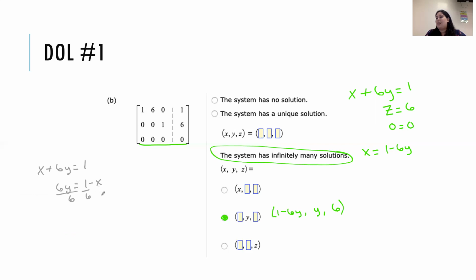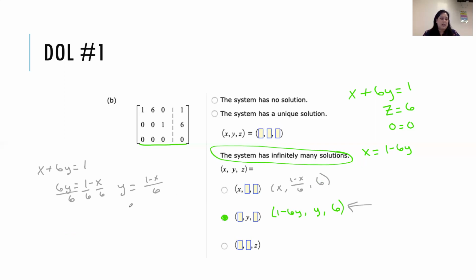Generally, they don't like this, but you could do this if you really wanted to. So y equals 1 minus x all over 6 might be the easier way to do it. So x, 1 minus x over 6, and then 6. This, though, is the preferred because we prefer not to have fractions. But if you wanted to be fancy, yes, you could do that.